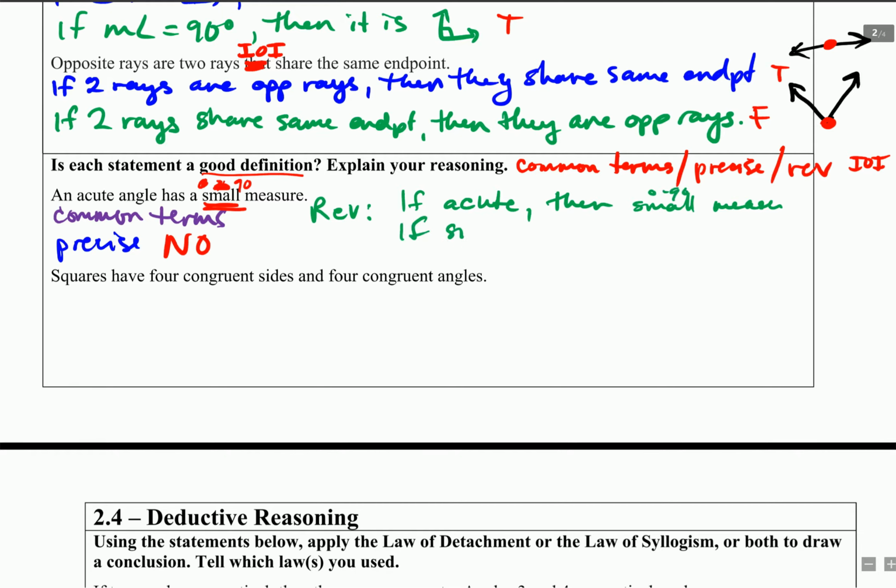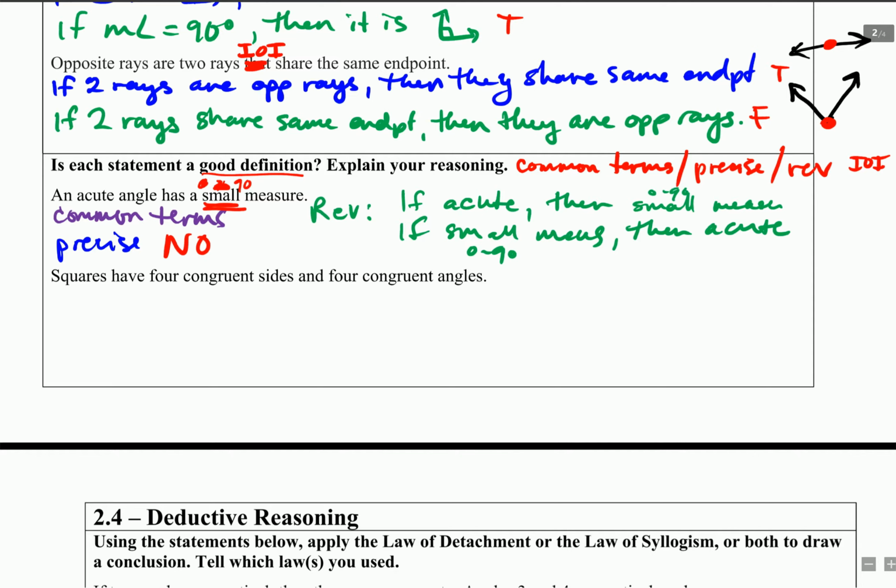If it was the 0 to 90 measure, then acute. So this has potential, both of those are true. A 0 to 90 measure would be acute. This has potential to be a definition, but this precision problem, it's just not even in the running. So if we fix the precision problem, we could have a good definition here.